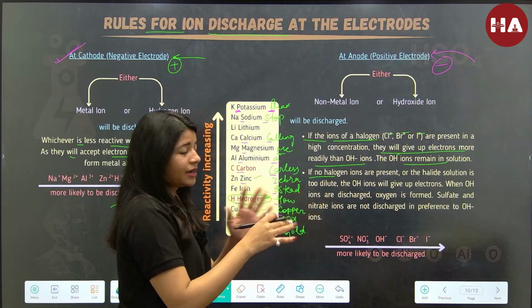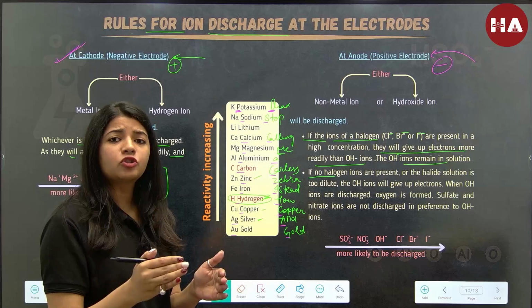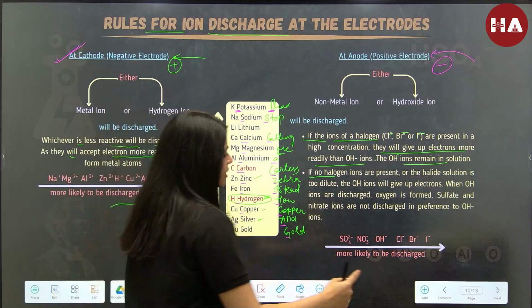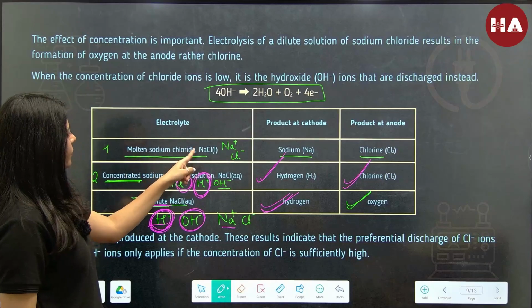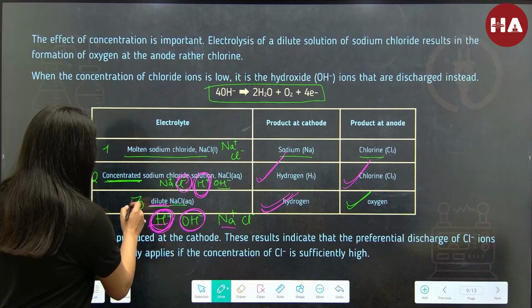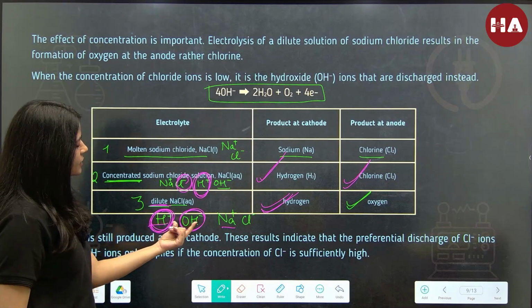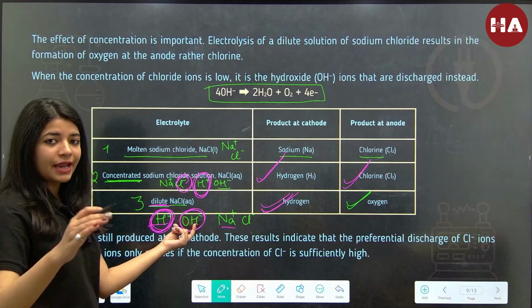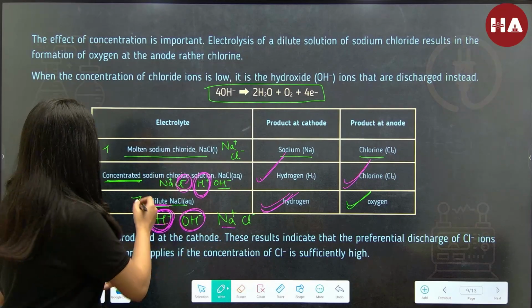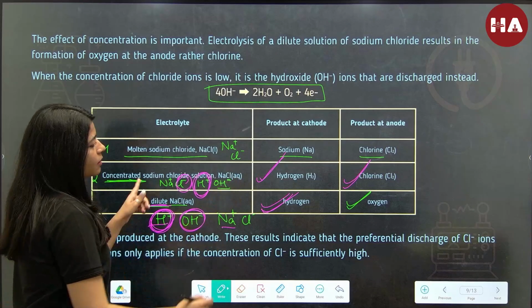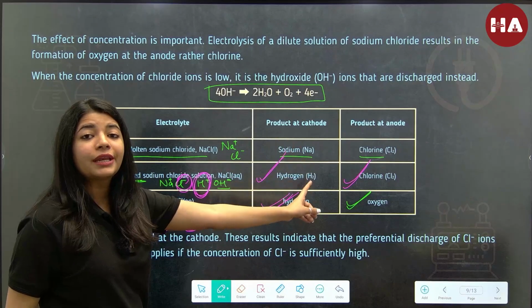If there is no halogen present, or the halogen is present in lesser amount, as we have discussed here, in dilute NaCl, OH minus was in greater amount. In concentrated NaCl, Cl minus was in greater amount, therefore chlorine gas was produced.